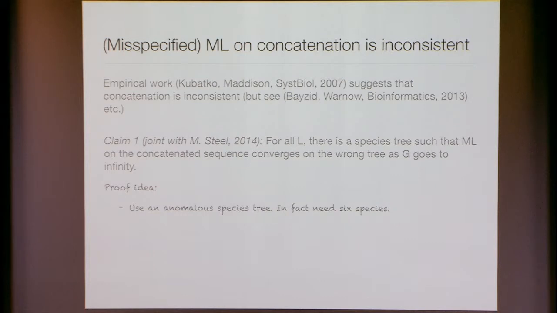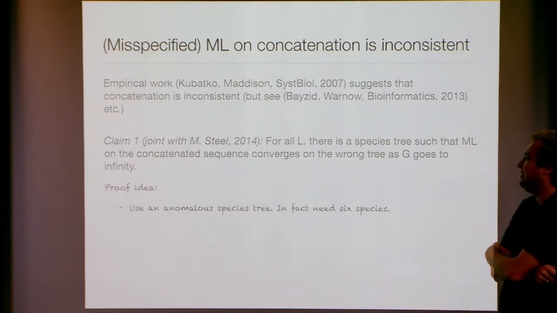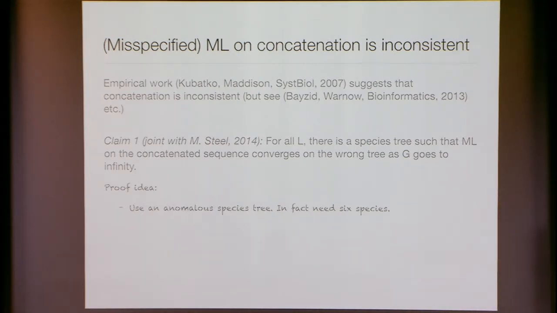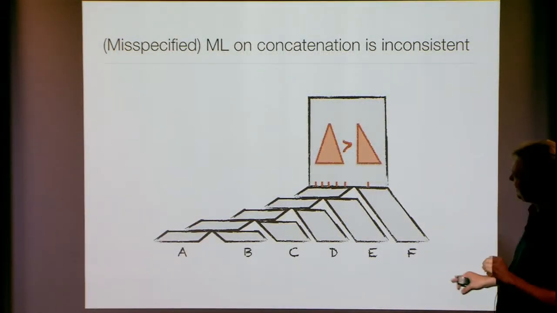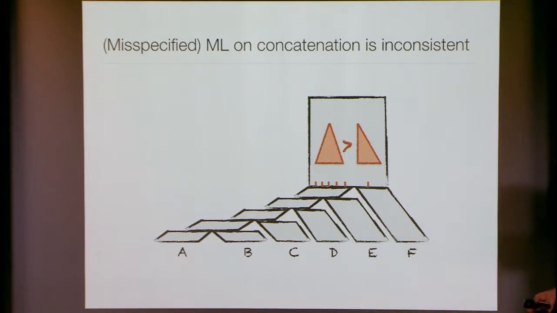And the reason that it is, I can go back to this anomaly zone, where you can have a particular gene tree that's more likely than the actual species tree. In this case, we're actually going to need to look at 6 species, because this is the first time that you get 2 different unrooted topologies. This is how it comes in.